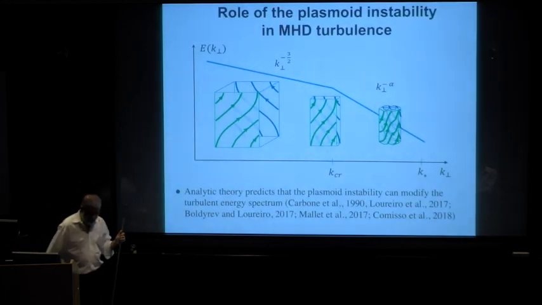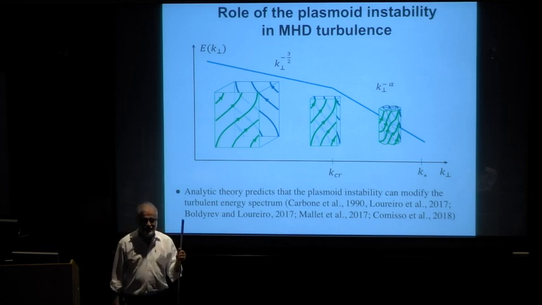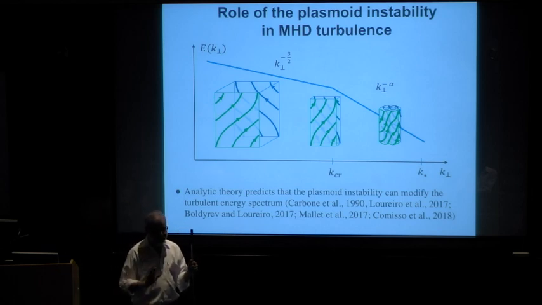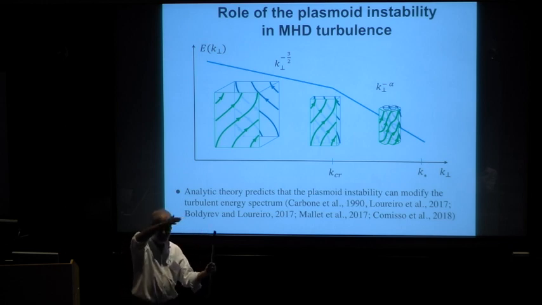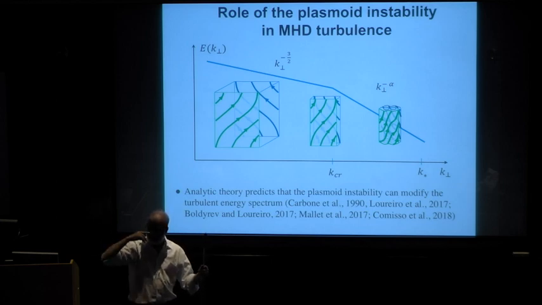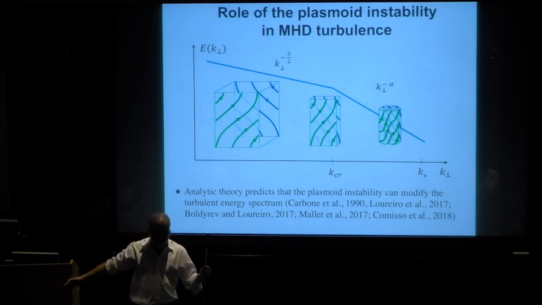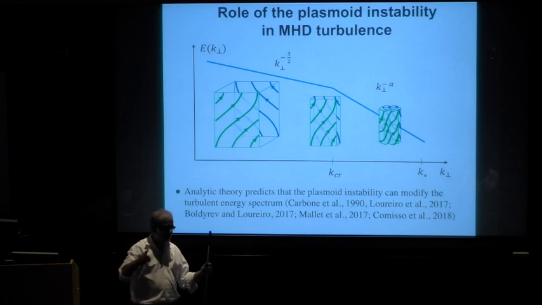You could ask, how does the plasmoid instability change our pictures of turbulence? I'll just make a couple of remarks and I'll stop there. Typically in hydrodynamic turbulence, you have a stirring range where you're forcing the system, an inertial range, which by the classical arguments of Kolmogorov has a spectral property of k to the minus 5/3, and then a dissipation range, typically controlled by viscosity or whatever it is that you have in a hydrodynamic system.